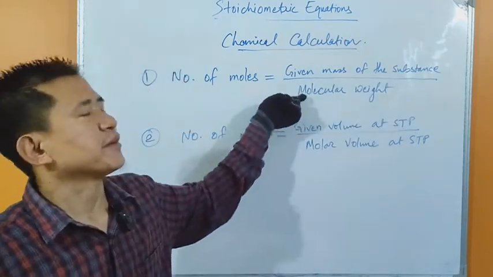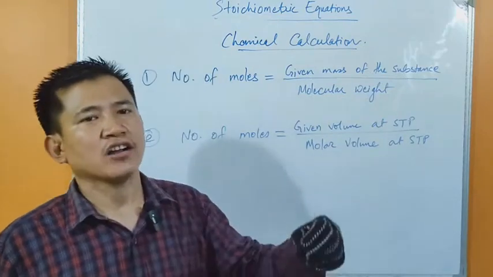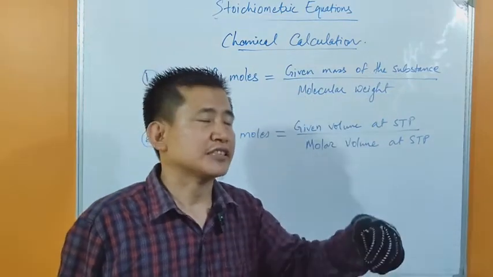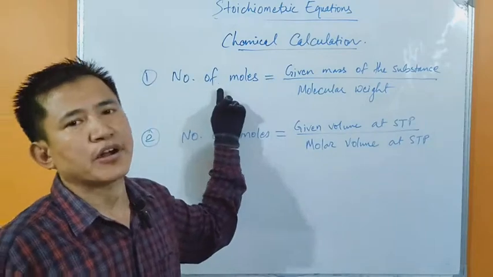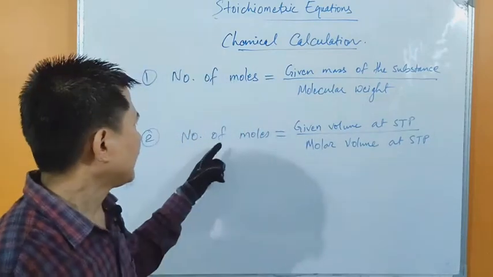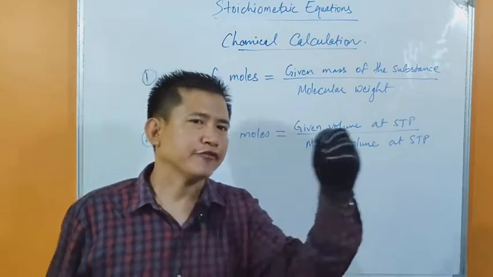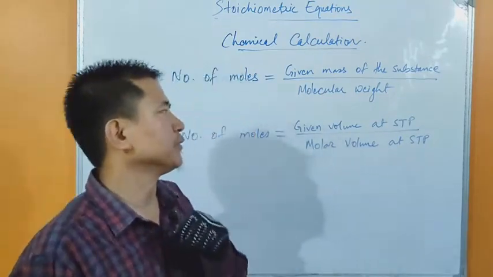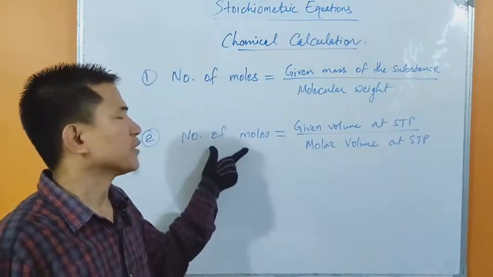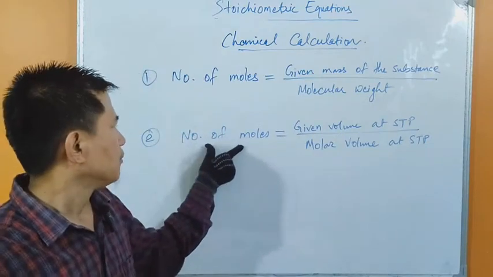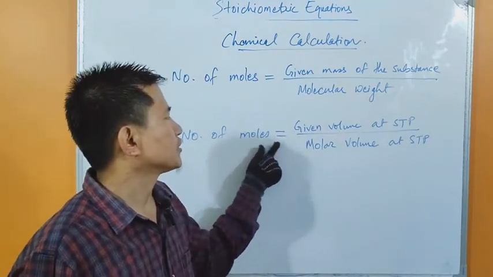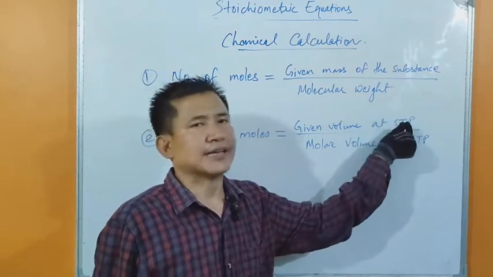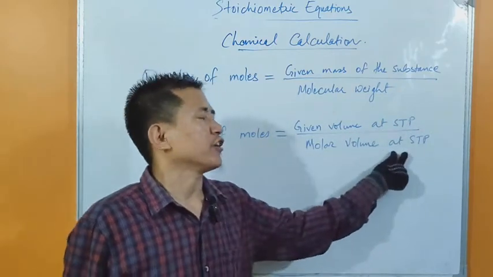We can find the mass of the substance, or if the mass is given, we can find the number of moles. And in the number two formula, if the volume is provided to us, or if we are asked to find the volume of the substance, then we must use the number two formula. Number of moles equals the given volume of the gas at STP divided by the molar volume at STP.